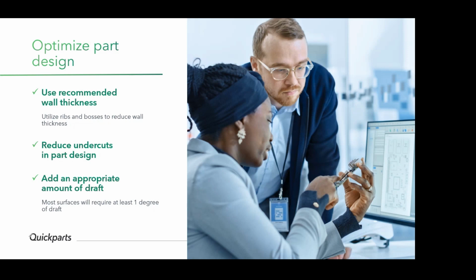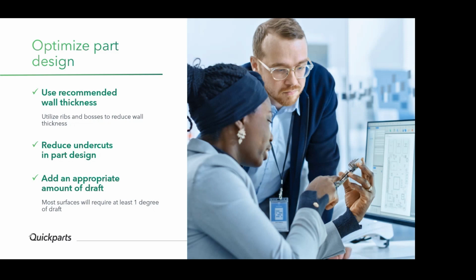Add an appropriate amount of draft. Draft is needed to facilitate part ejection, right? So ideally 1 degree draft at least is required. Of course, we can work with a little bit smaller draft, half a degree, depending on the material and surface area.